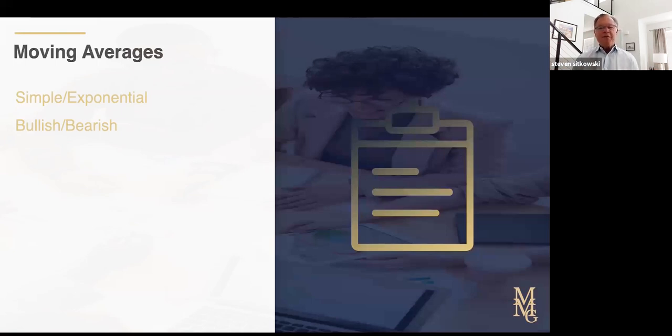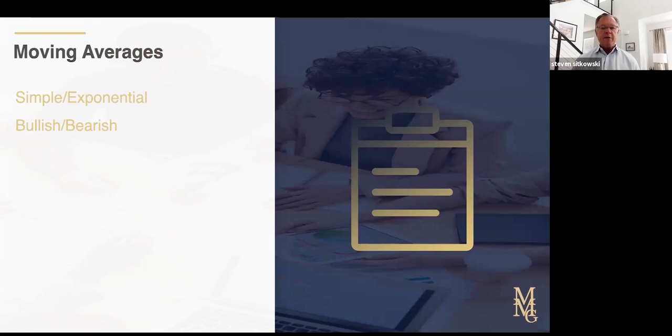The difference in a simple and an exponential 10-day moving average is negligible. But if you are looking at a 200-day moving average, it can be pretty significant. So, the question is always, which moving average do you use? Generally, I'm looking at shorter term moving averages, and I look at simple moving averages, and I'll show you which ones I use.